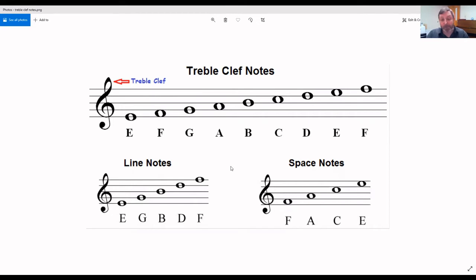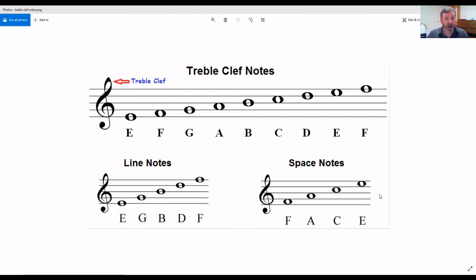But what we need to remember about placing our musical note symbols on the treble clef is that by placing our notes on different lines and in different spaces, we're supposed to make different types of musical sounds, either high sounds or low sounds, depending on where that musical note symbol is placed.